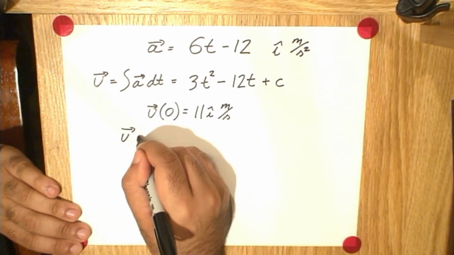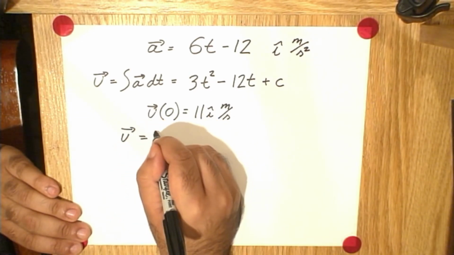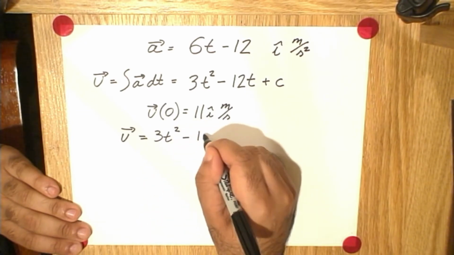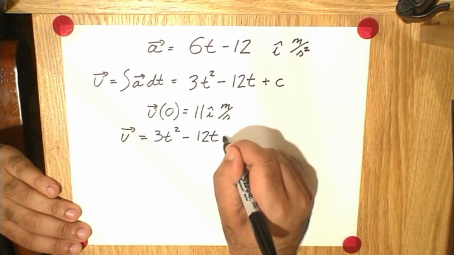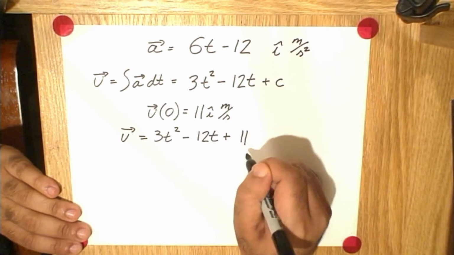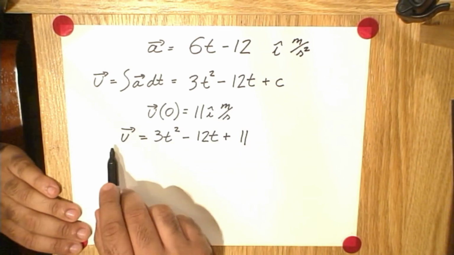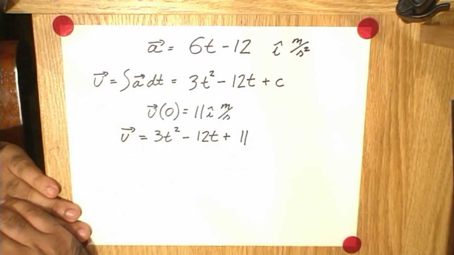So we would end up with v is equal to 3t squared minus 12t plus 11. And this then is the expression for the velocity with respect to time.